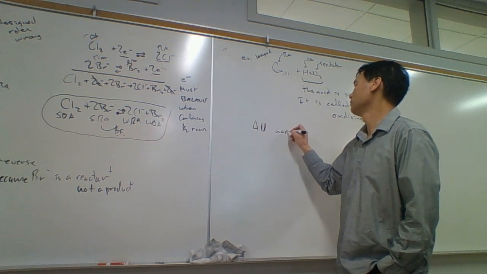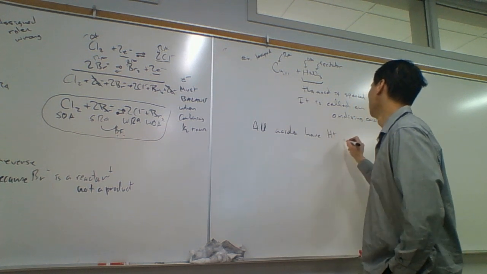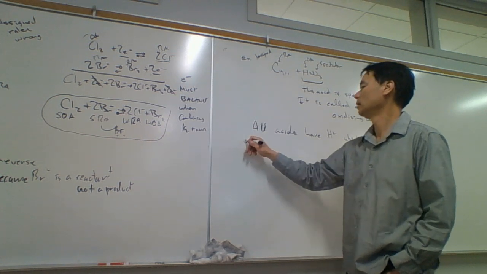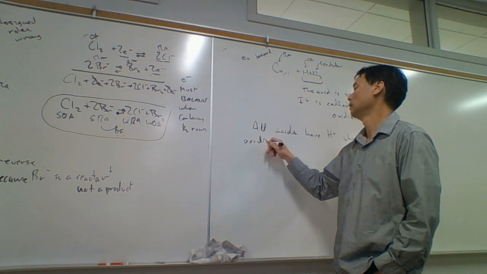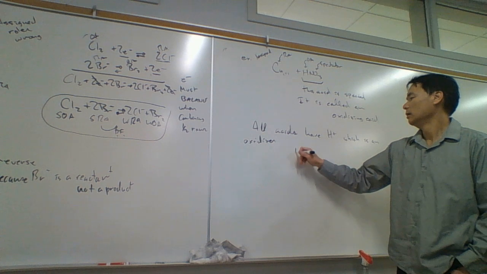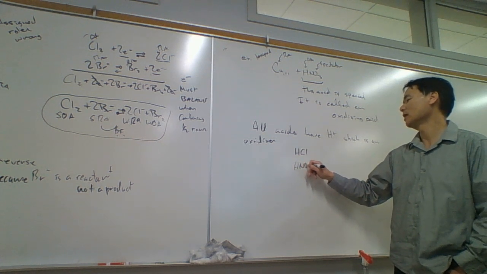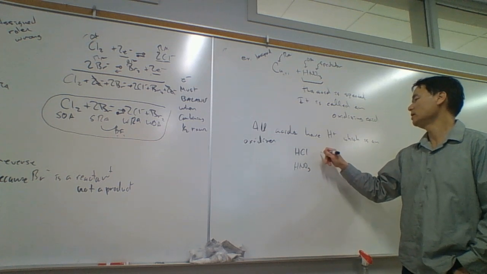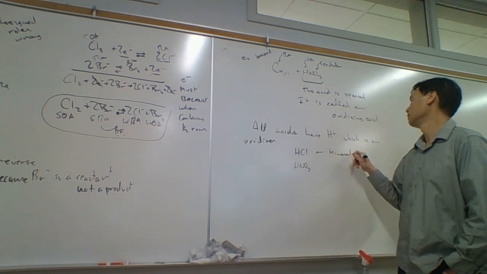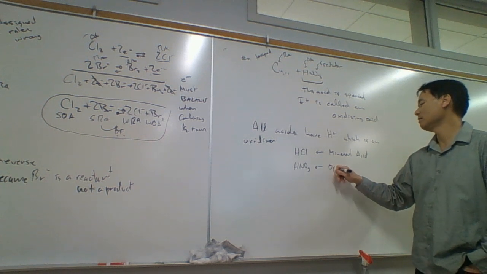All acids have H+, which is an oxidizer. HCl has H+, HNO3 has H+. HCl would be an example of a mineral acid. HNO3 would be an example of an oxidizing acid.